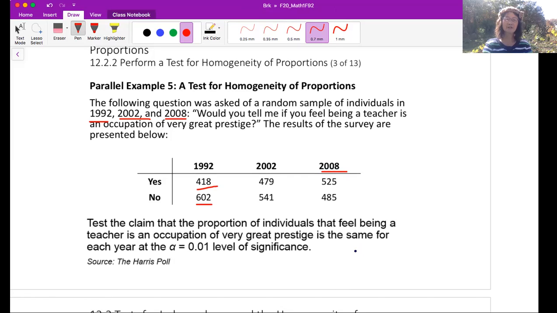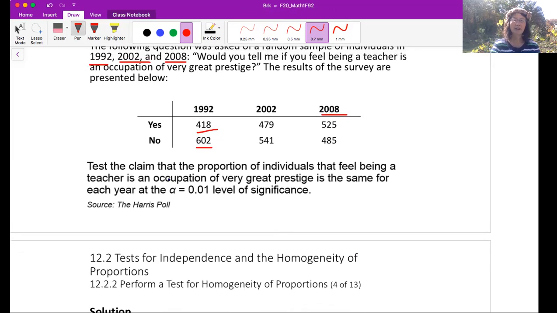Anyway, we want to test the claim that the proportion of individuals that feel being a teacher is an occupation of very great prestige is the same for each year at the 0.01 level of significance. Actually, just by looking at the numbers, we have a feeling the answer is not the same for each year.